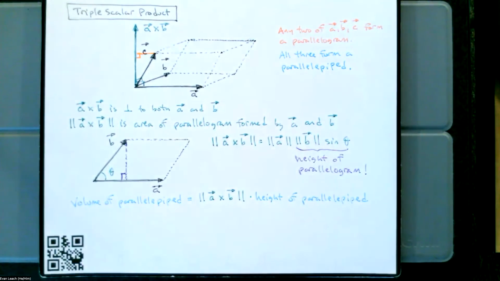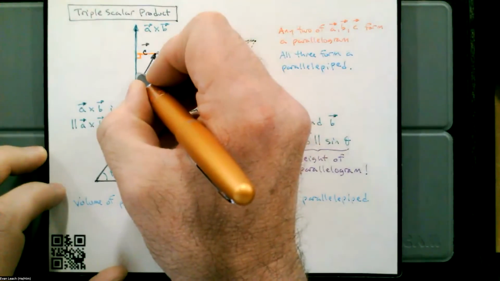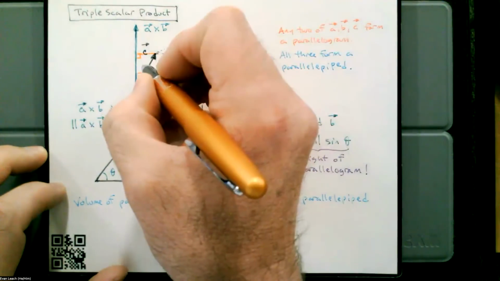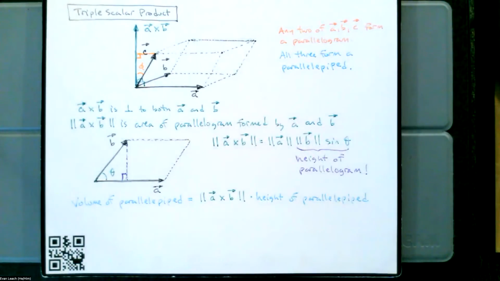Now I'm going to look at the angle between C and A cross B. I've already used theta, so I'm going to use a different letter.